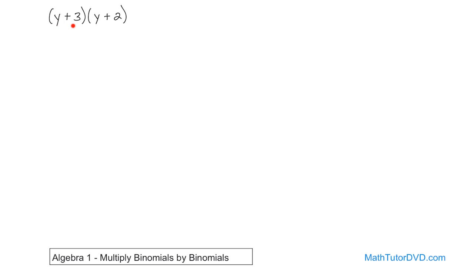So when they do exist, like what we have here, it's very simple. You have to do both things. So when you see a binomial on the outside, instead of looking at it as one item, you need to think of it as two things that are added together. So in order to do this multiplication, what you do is exactly what we just said. You have to distribute the y in to each of these two terms, and then also separately you have to distribute the 3 in to both of those terms.